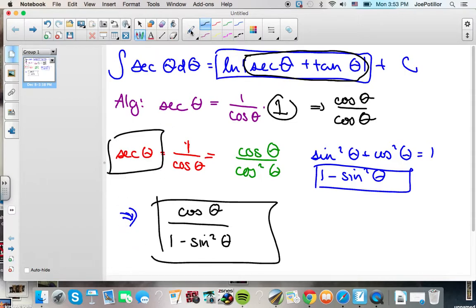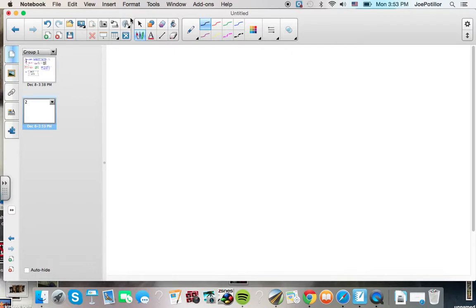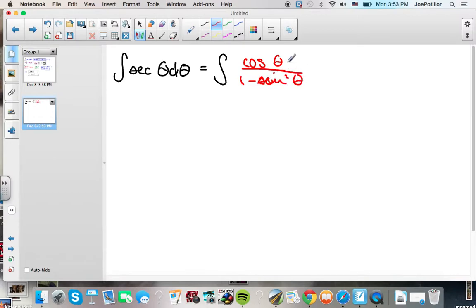So now we go back to our integration. The integral of secant of theta d theta becomes the integral of cosine theta over 1 minus sine squared of theta d theta.